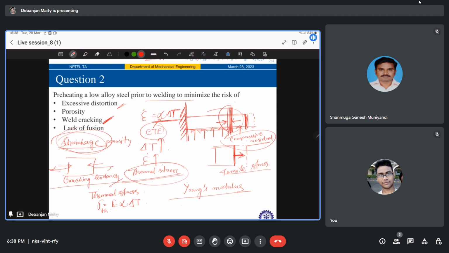So whenever your temperature gradient is higher, your cracking tendency will be higher. That's why you are doing some preheating, trying to maintain or increase the temperature gradually. It should not happen suddenly.